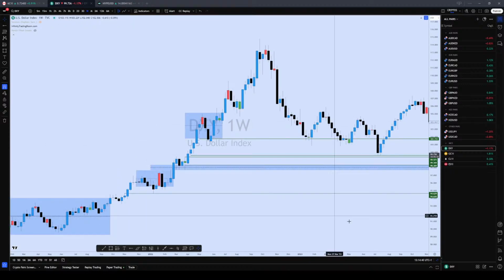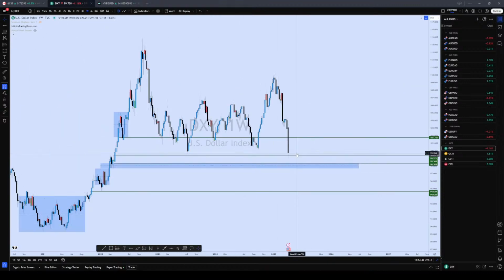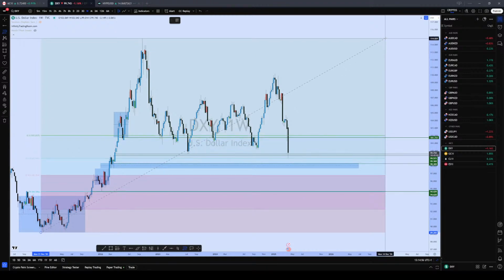So if we break this one, I think we might be coming somewhere here, which will bring us to, let's see what level that is. 79 retracement level. Yeah.